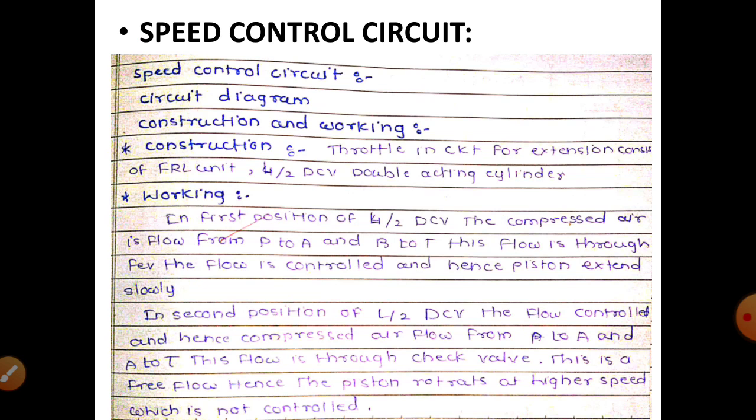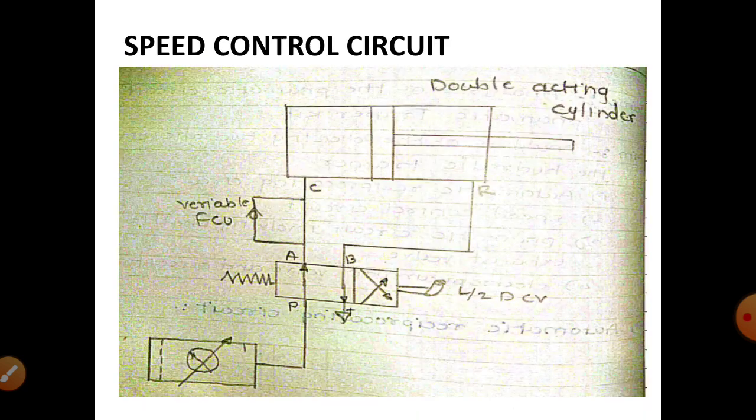In the second position of the DCV, compressed air flows from P to B and A to T. This flow is through the check valve. This is a free flow, hence the piston rod retracts at higher speed, which is not controlled. So this is the working of a speed control circuit.